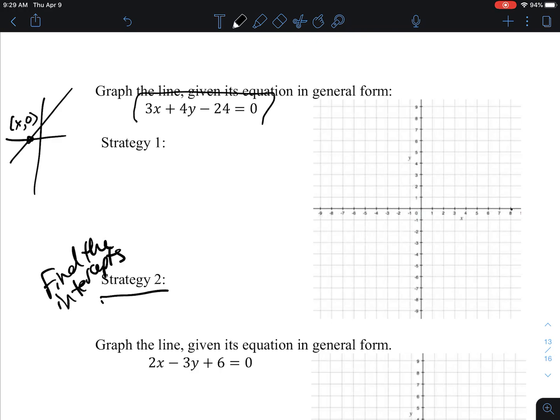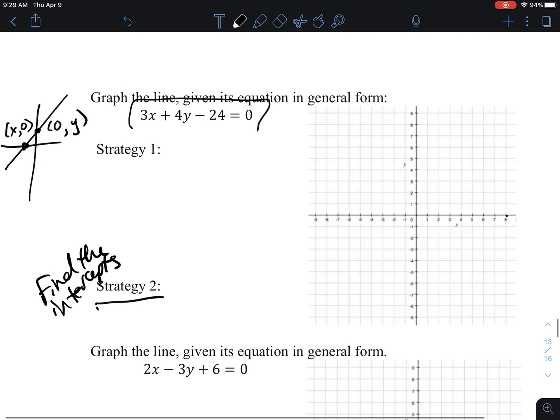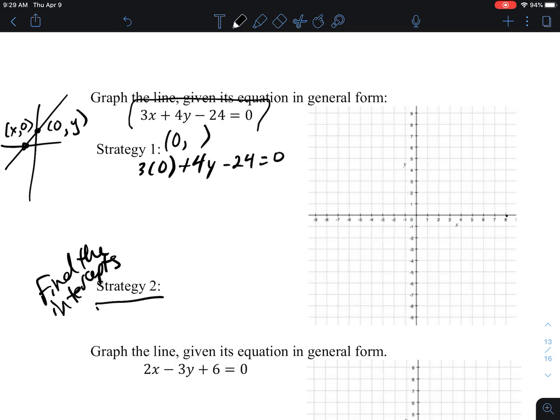This point is x is some value, say -2 or something, and y is 0. And then up here, x is 0 and y is some value, say +2. So I'm going to use that idea in my equation. I'm going to replace x with 0 and solve, well, what is y? And that's going to give me the coordinates of the point for the y-intercept.